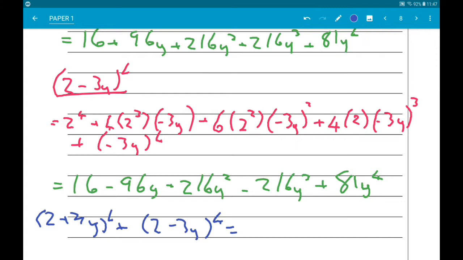So 16 add 16 is 32. The y terms cancel. We're going to get 432y squared. And the y cubed terms cancel. And then we're going to get 162y to the power 4.